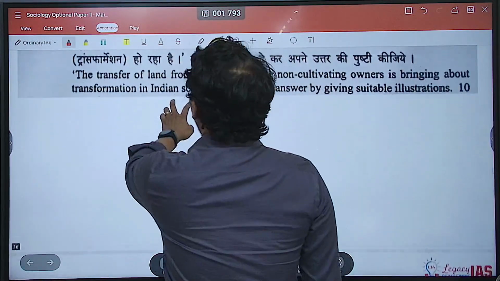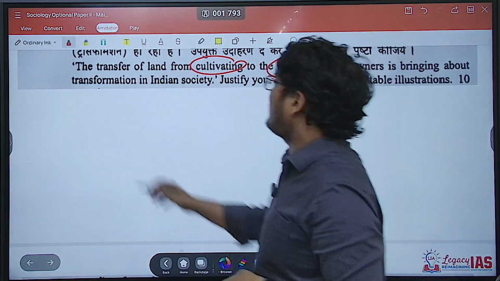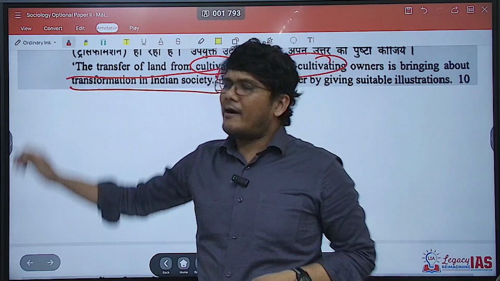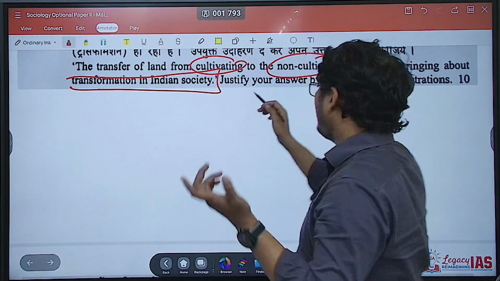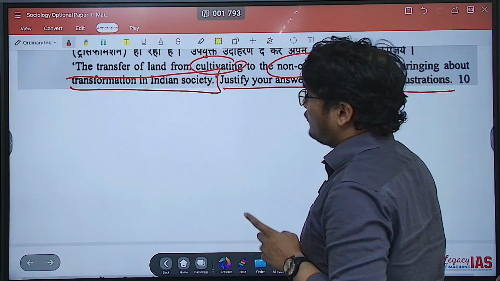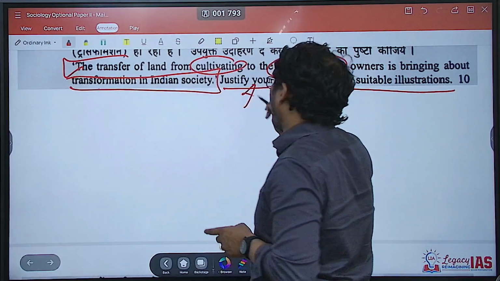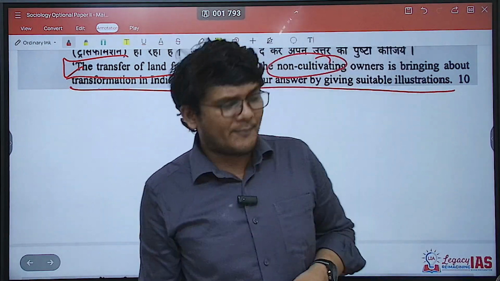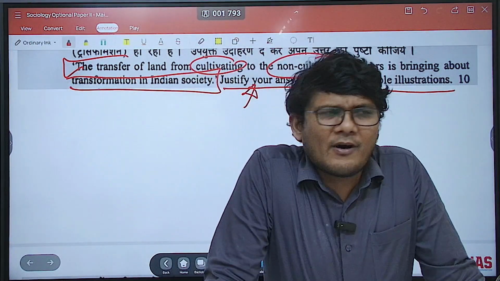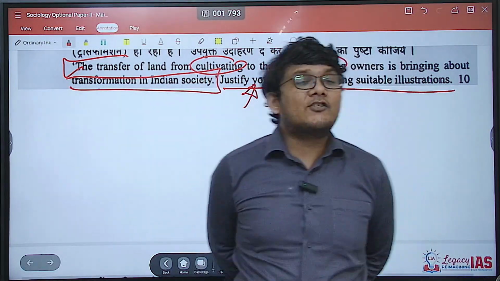The transfer of land from cultivating to the non-cultivating owners is bringing about transformation in Indian society. Now what is happening is, we'll understand first, see what the entire question is. Justify your answer by giving suitable illustrations. So they have made a statement and asked you to justify over here. Now what is happening, especially in the Haryana region, Delhi NCR region, a lot of land is being sold.